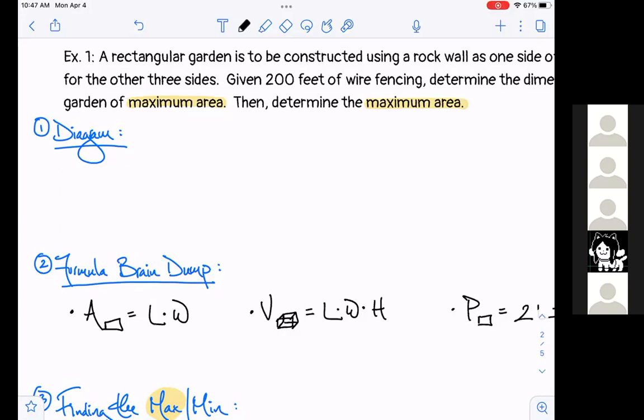And Stefan, you're saying there's two different materials, right? So we have a rock wall on one side. And yep, if we're going to think about maybe cost or thinking about the length, right? The wire fencing, we only have 200 feet of it. We don't have any more. Now that 200 feet of wire fencing has to cover how many sides of this garden?